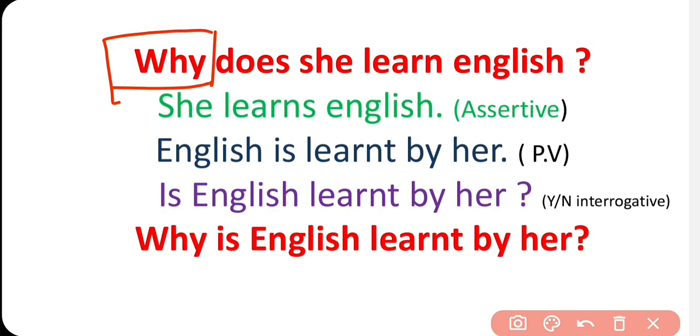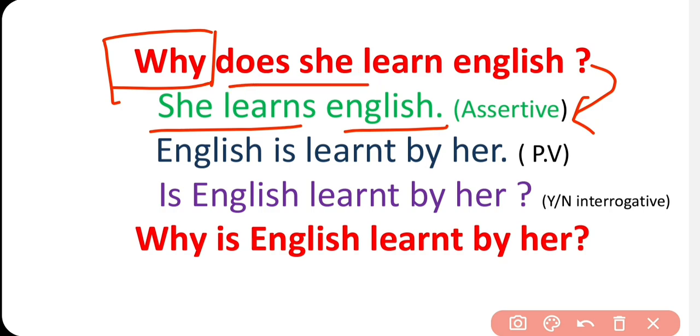Thereby you have to make it a yes no type question at first. So what will be the yes no type question of this sentence?